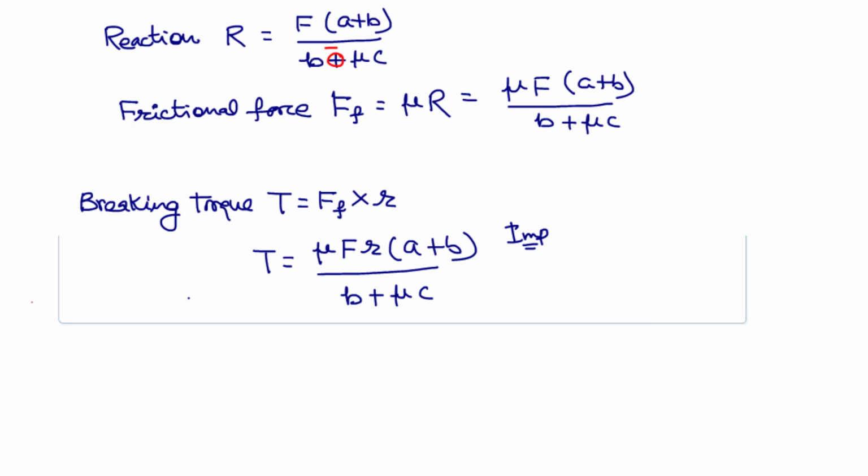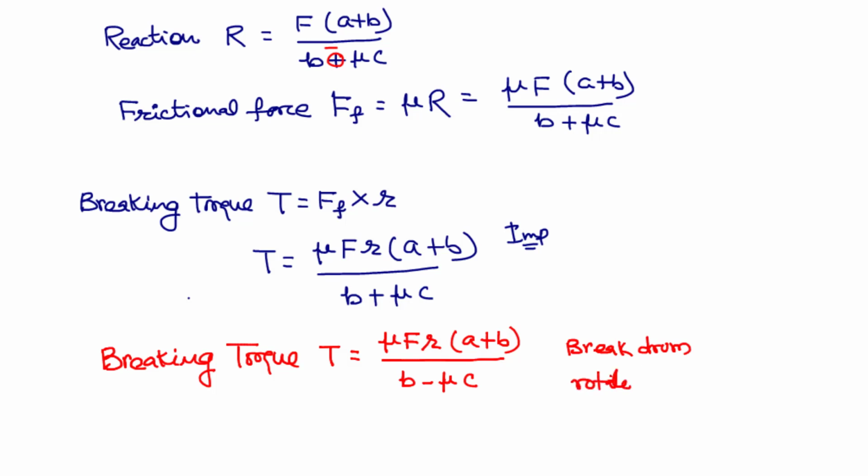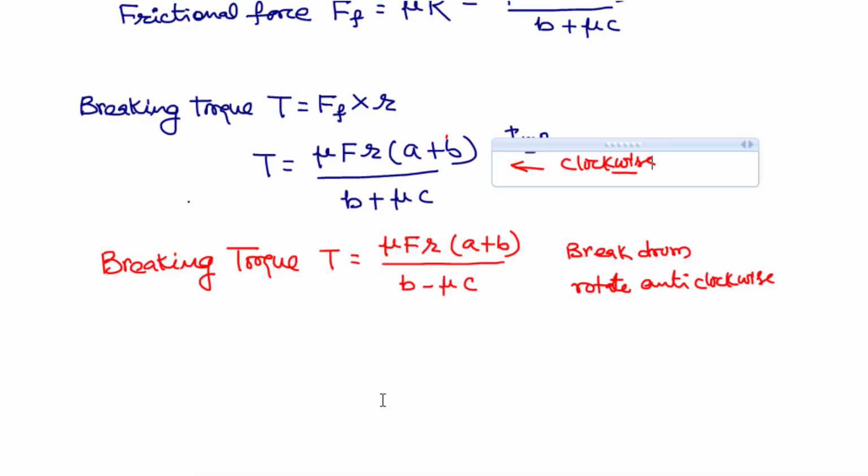Then the frictional force or braking torque will be T equals mu into F into R (A plus B) upon (B minus mu C) when the brake drum rotates anti-clockwise direction.